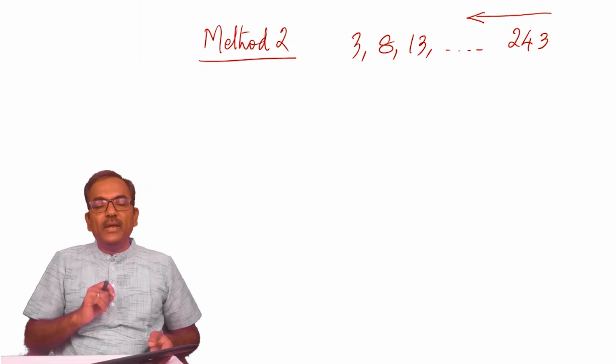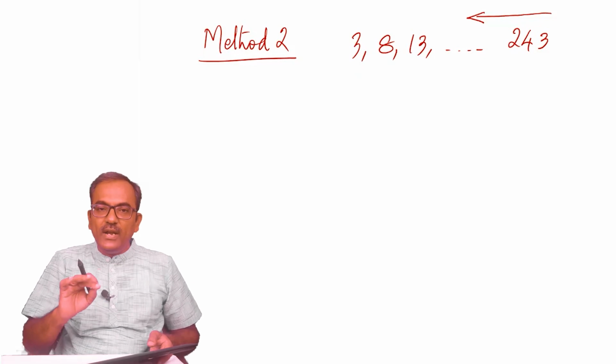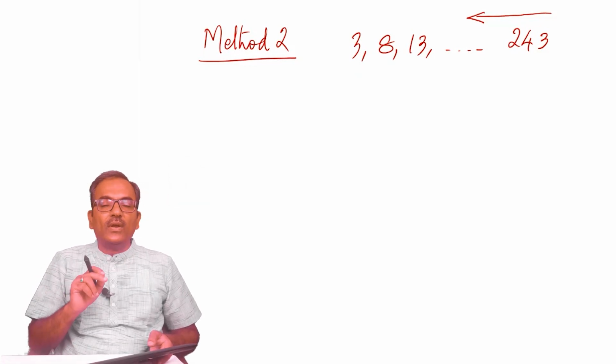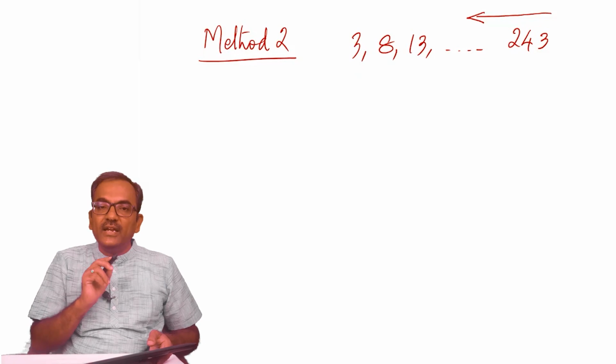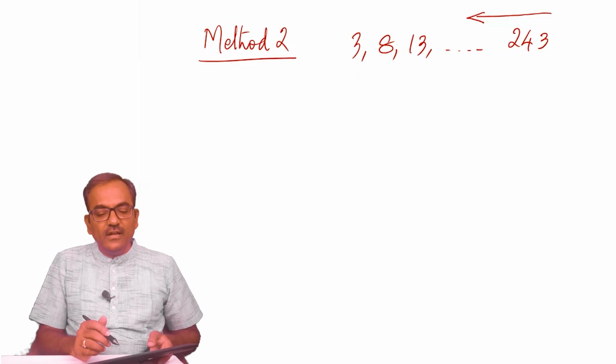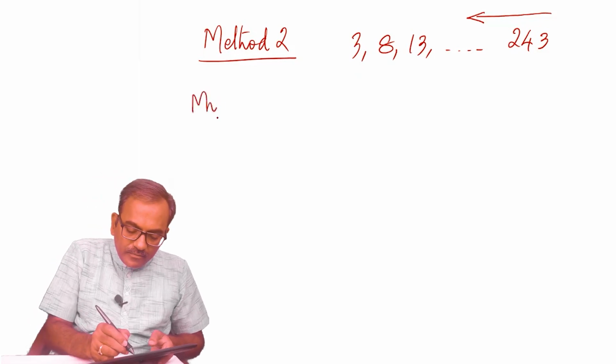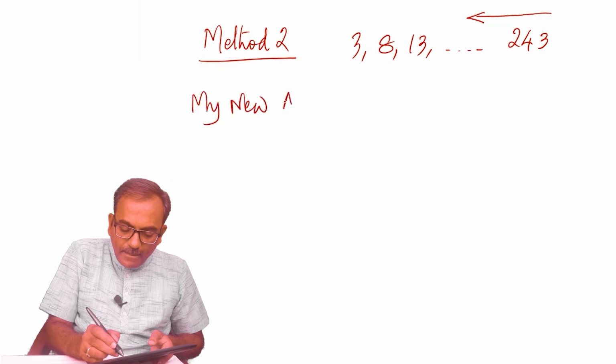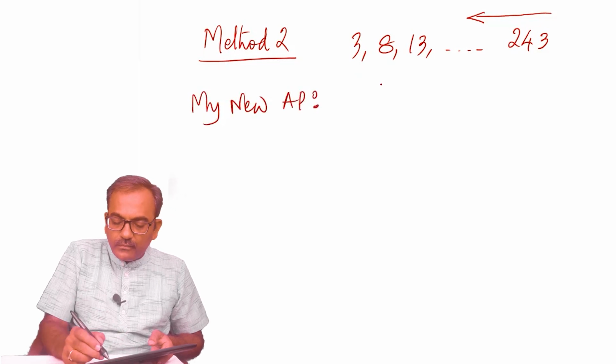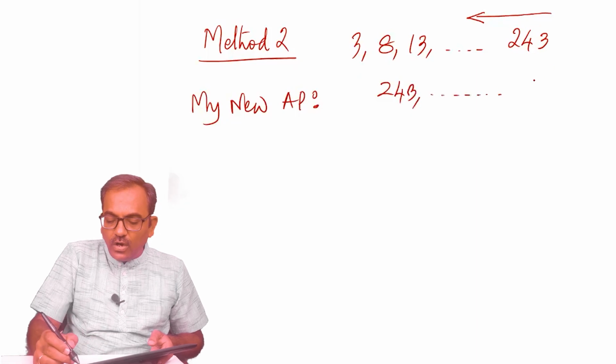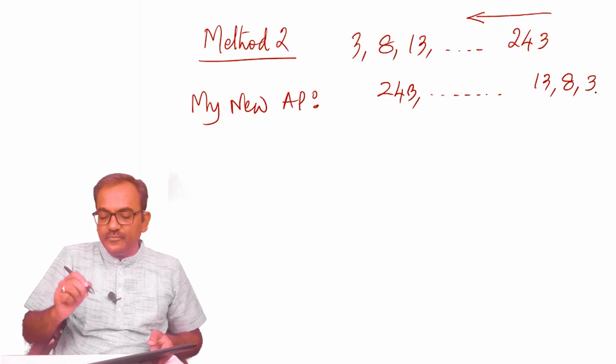The difference would be in the value of D. First you have plus D, in the other way when you write it, the D will have a negative sign, isn't it? So my new AP would be 253, and so on, 13, 8, 3.